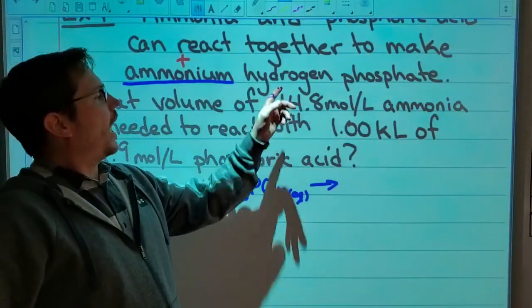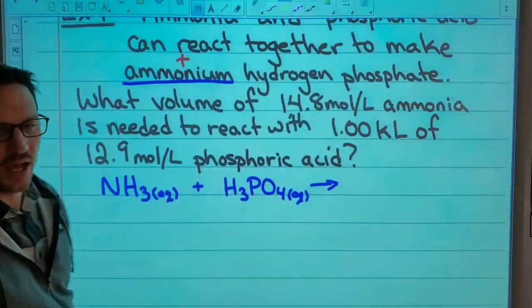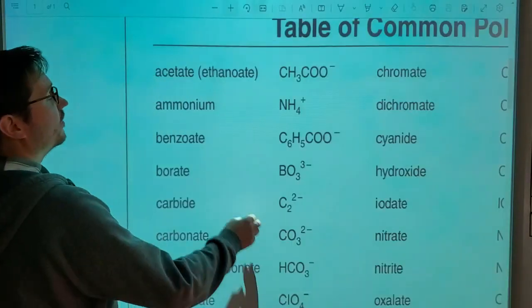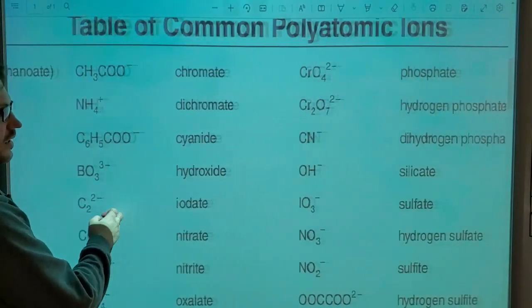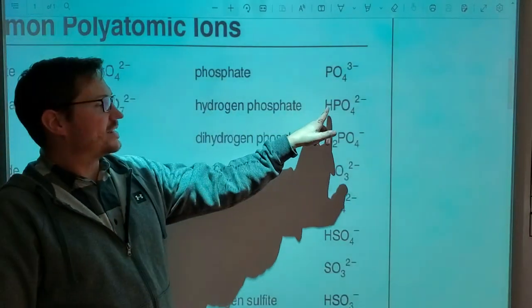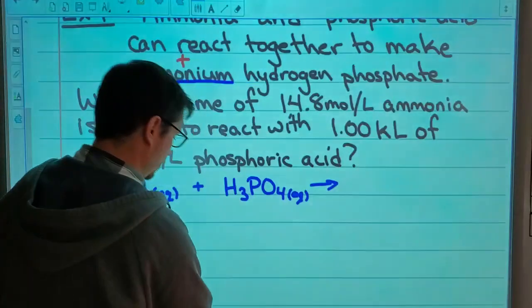And then I want to know what hydrogen phosphate is. Well, if that's an ion, this has to be an ion as well. It's an ionic compound. So we'll take a look at our data booklet again for hydrogen phosphate. And I see, whoa, hydrogen phosphate is HPO4 with a 2 minus charge.